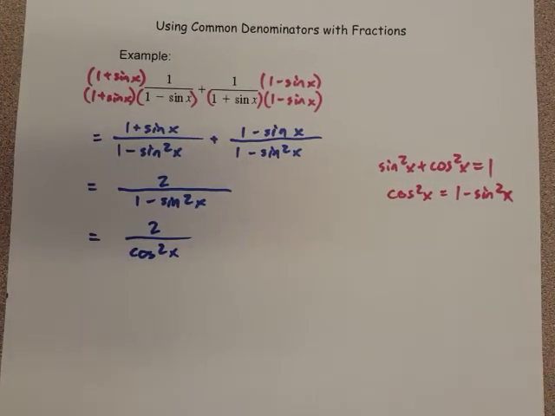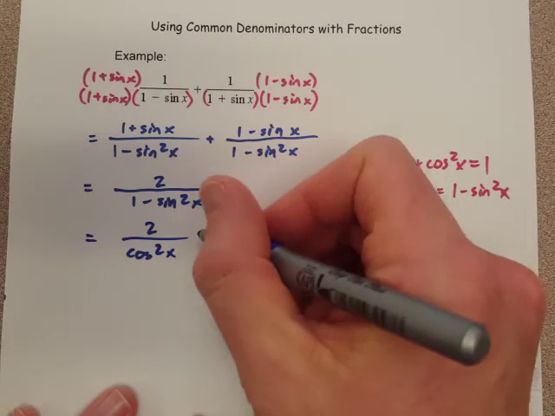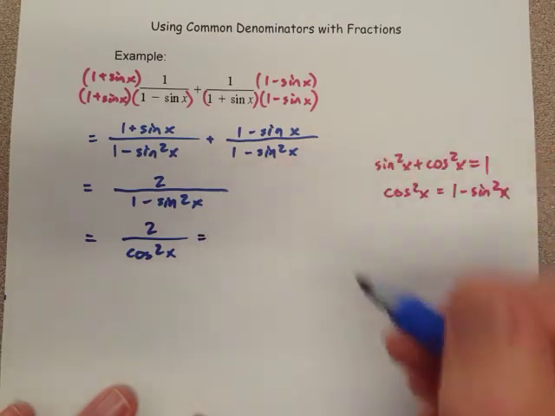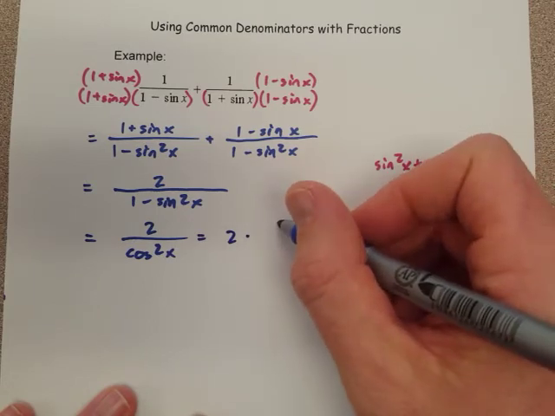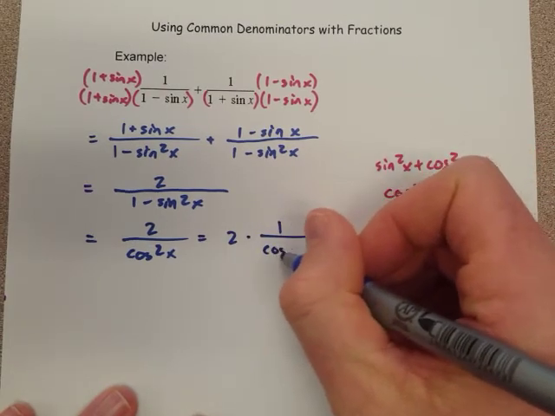That's getting to where we need to be. Now, there are going to be some problems that ask you to simplify this down to something without fractions. So if I'm going to do that, then I might just split these apart and notice that this means the same thing as 2 times 1 over cosine squared.